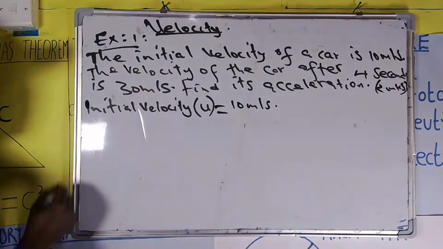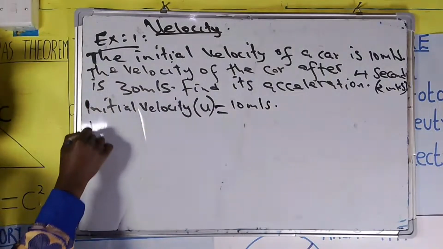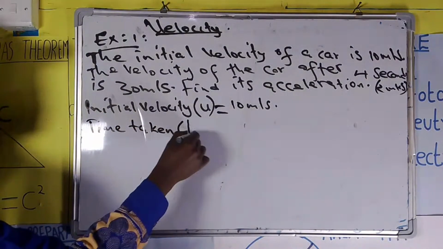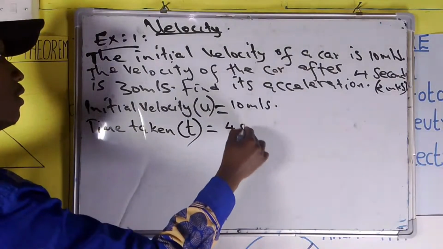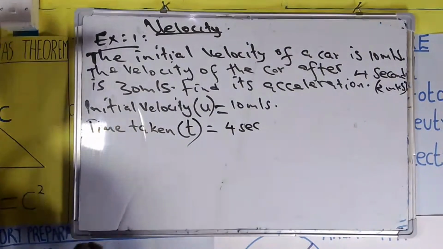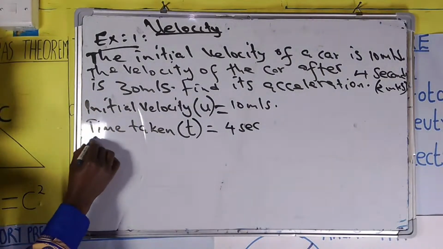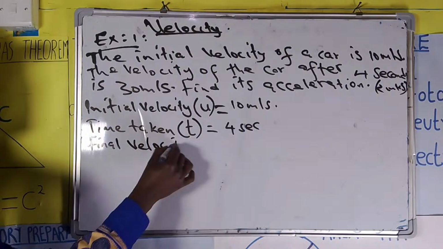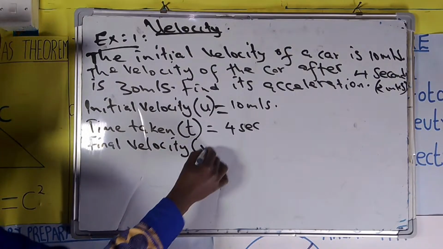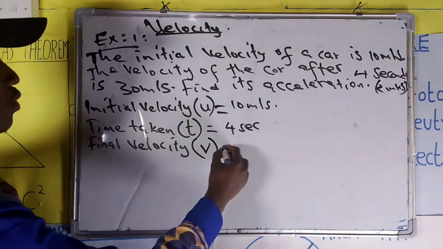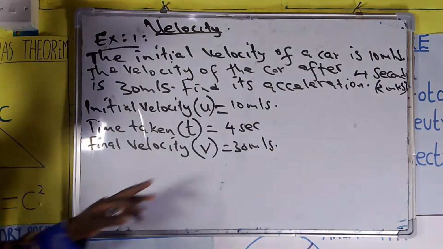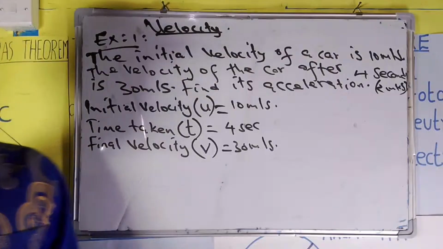Then we are told after 4 seconds, that is time taken, t, equal to 4 seconds. Then we have the final velocity, which is represented by v, equal to 30 meters per second.